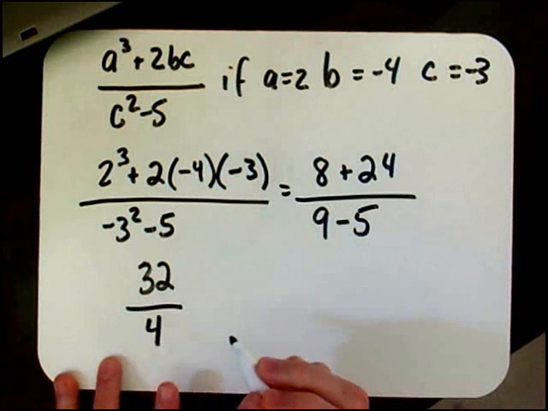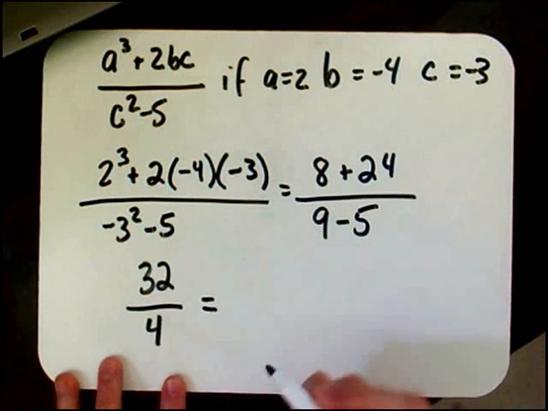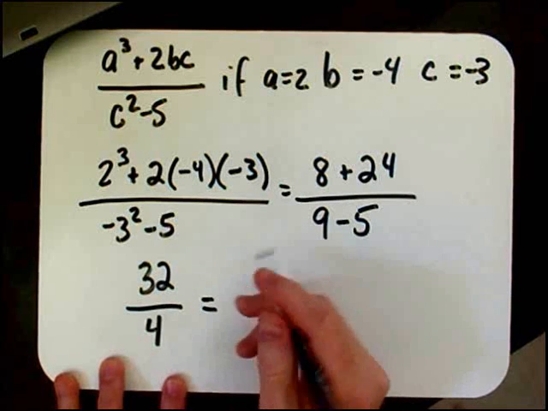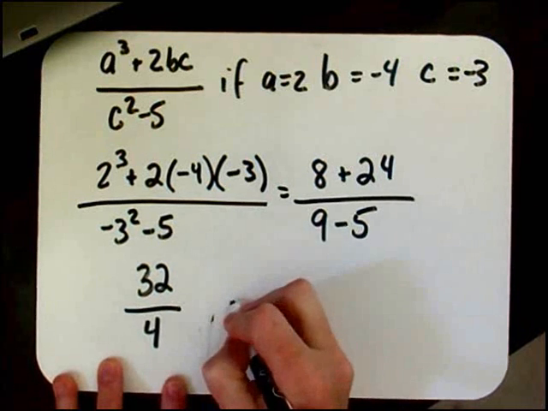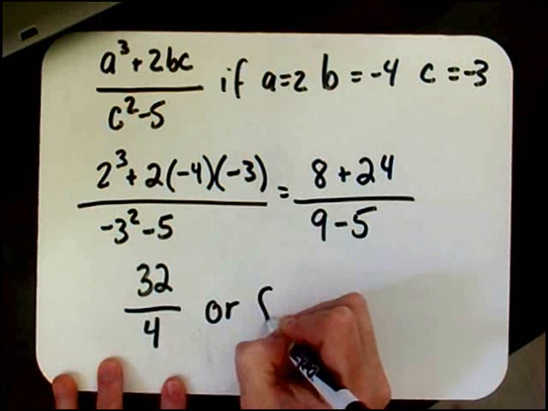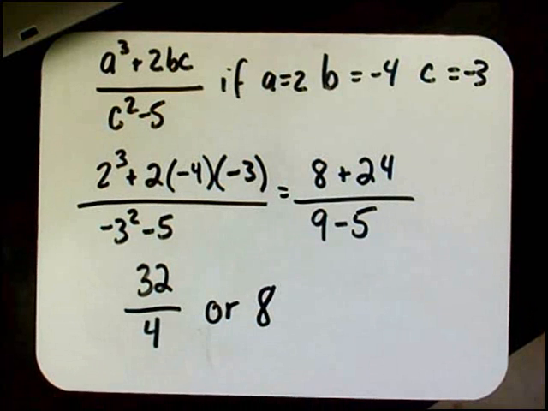So now we have 32 over 4. Simplify. So 4 goes into 32 8 times. So 32 over 4 is 8. So when we evaluate this, we have an answer of 8.